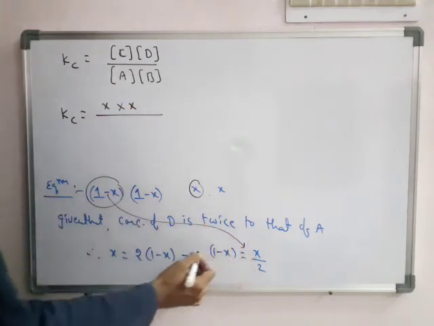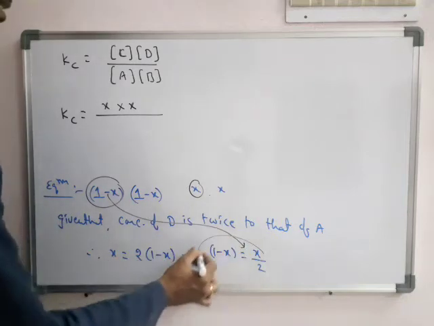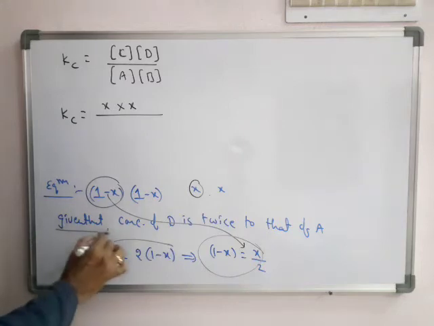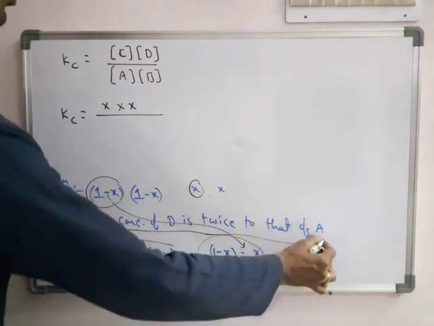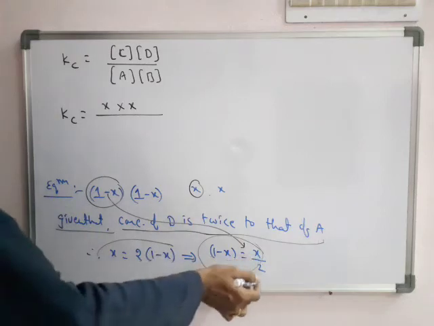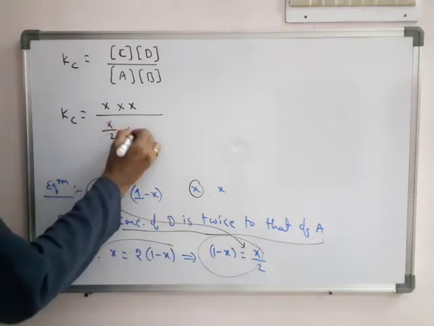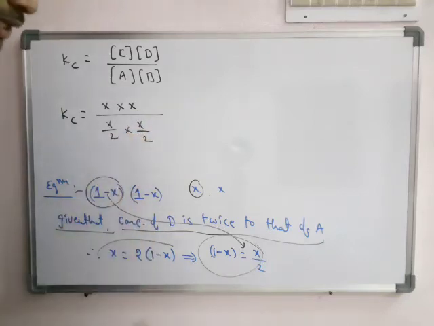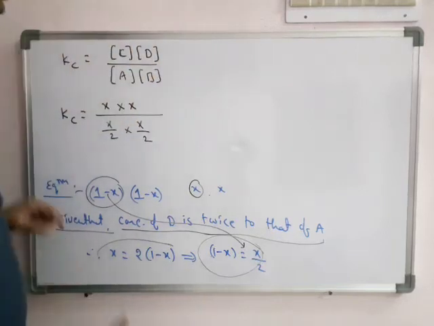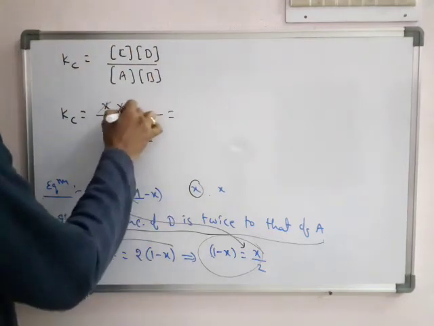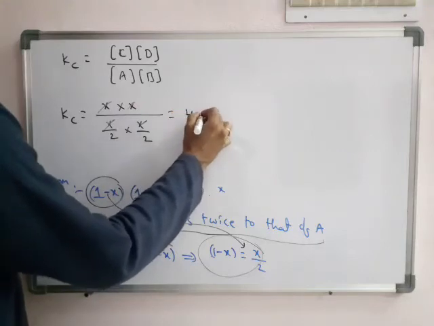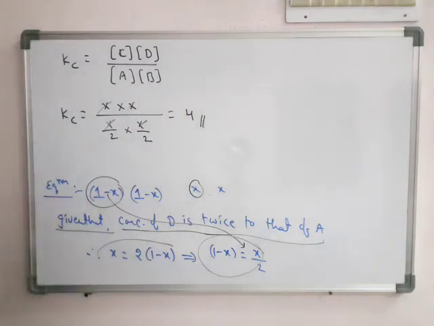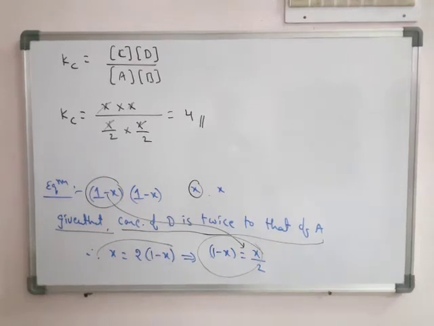You got 1 minus x equal to x by 2, with the help of the clue that the concentration of D is twice that of A. Again here also 1 minus x is x by 2. So in the 1 minus x calculation we don't get any numerical value. Here the x cancels and it becomes 4. So the Kc value is 4. We just need to understand what clue is given to calculate Kc.